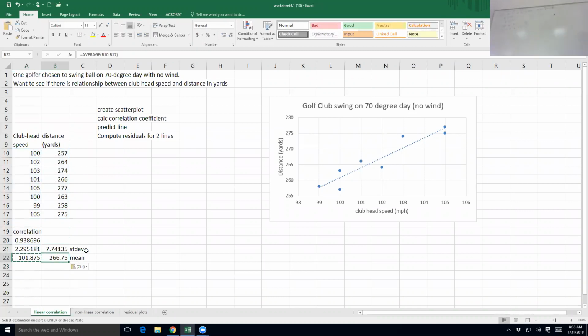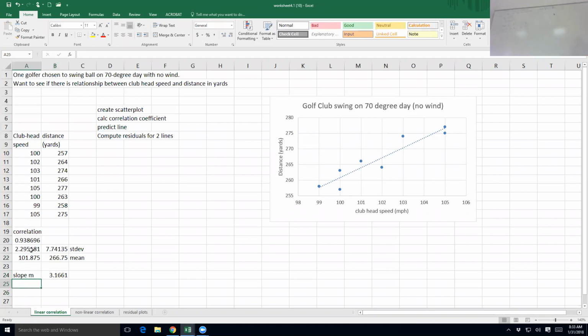Now, in order to find the slope M, that is simply my correlation coefficient times the standard deviation of y divided by the standard deviation of x. So it says my slope here is 3.1661.